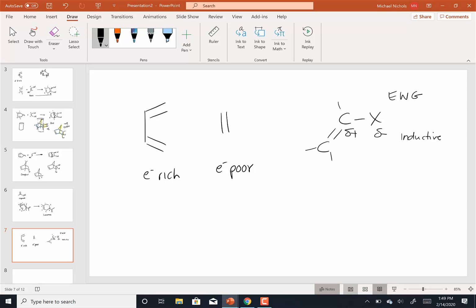Oh, here's an easy one. How do I push electron density into that double bond? What kind of group can I add to it? Like an R group.